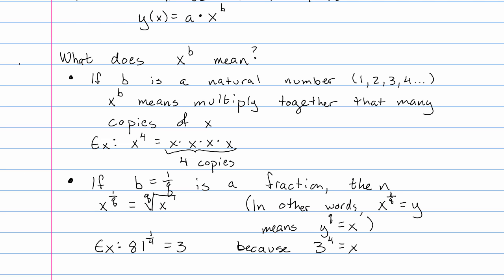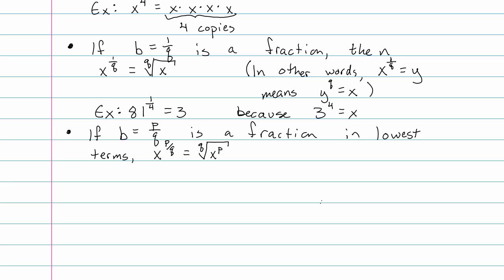And then if we have any old fraction, well, we kind of combine those, right? If we have the fraction p over q, the denominator gives us the root, just like it did in 1 over q. And then the numerator, well, we just keep that as the exponent.